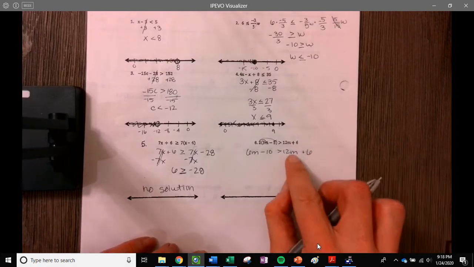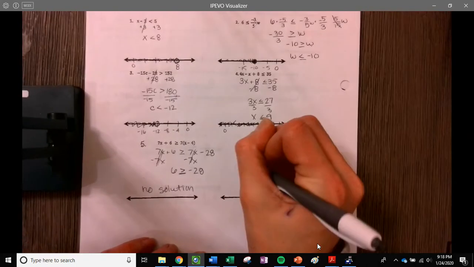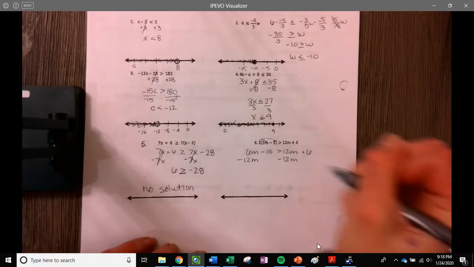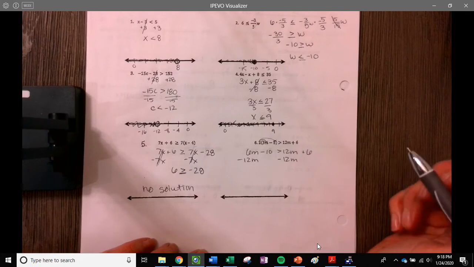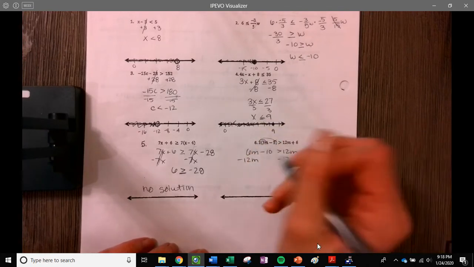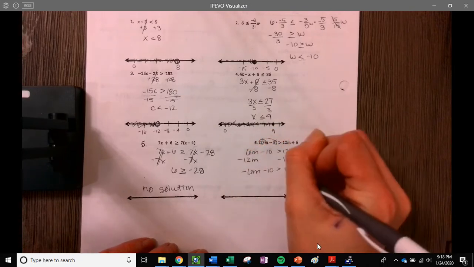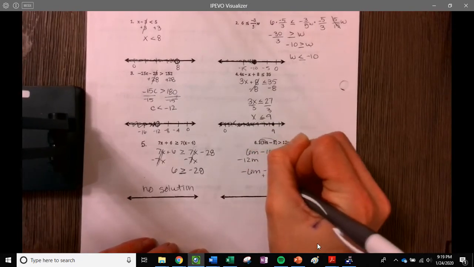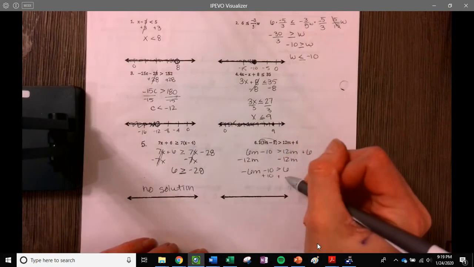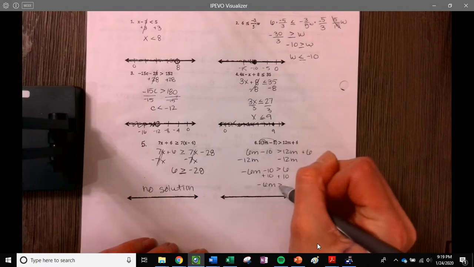So now I want to get my variables on the same side. I'm going to subtract 12m and subtract 12m. 6 plus -12, so I'm combining these things. It's going to give me negative 6m minus 10 is greater than 6. So I'll add 10 and I'll add 10. And now I have negative 6m is greater than 16.